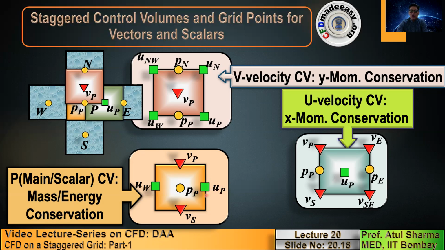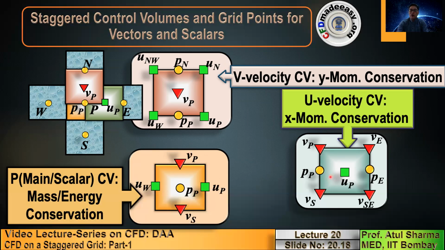So you do not need a second approximation for the mass fluxes while applying the mass conservation law, because in the pressure control volume, where you want to calculate the mass flow rate, you already have the pixels defined at the centroid of the surfaces for the normal velocities. So there is no need for the second approximation to calculate the mass fluxes.